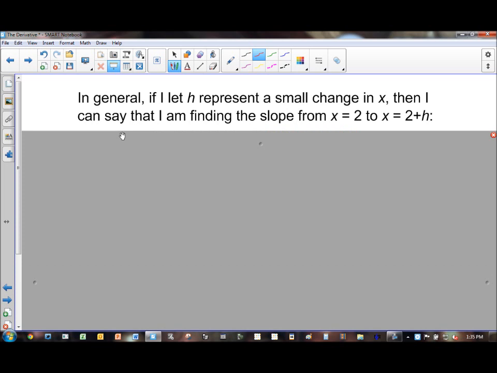All right, so let's talk about what we're actually doing here. We're measuring the slope from x equals 2 to x equals something that's a little bit bigger than 2. I'm letting the space between 2 and the next x that I'm using be represented by h. So the first x is 2, and then the second x is a little bit past that.